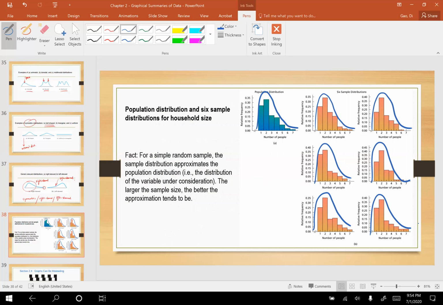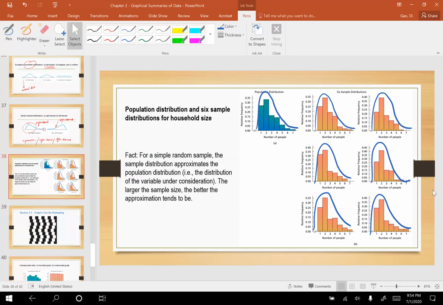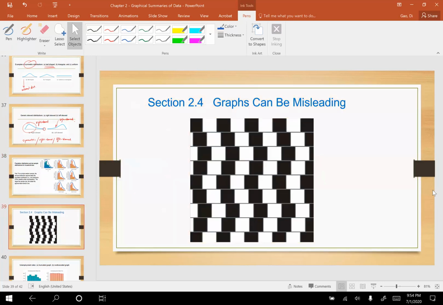Again, we can say that inferential statistics makes sense because the distribution shape from the sample is very similar to the population one. And if we want to use the sample information to describe the population information, it will make sense.